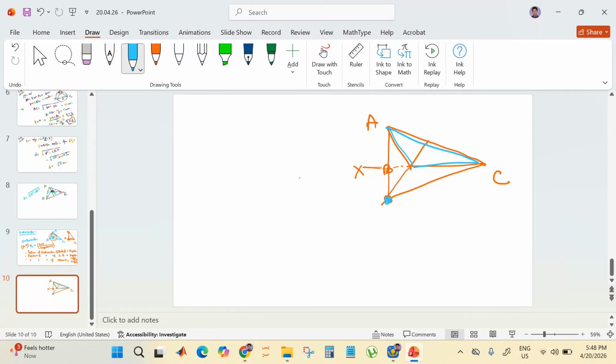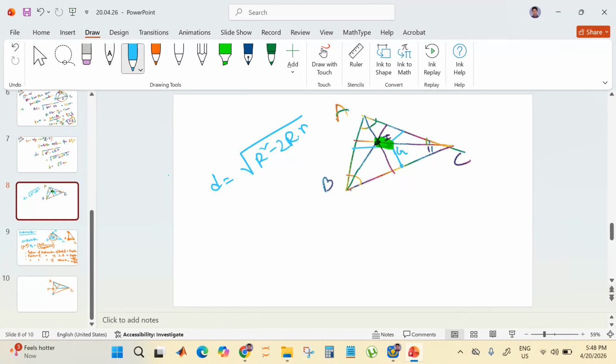Okay. So the distance between incenter and circumcenter is very important, and orthocenter we have already discussed.